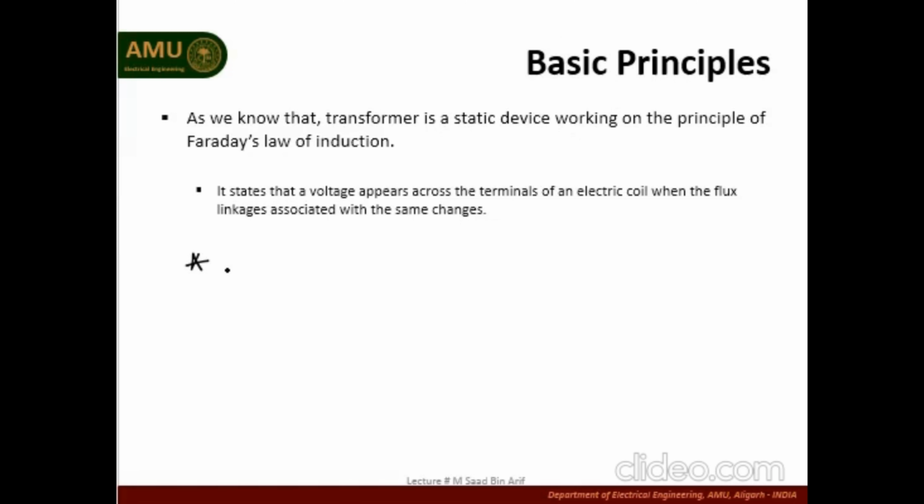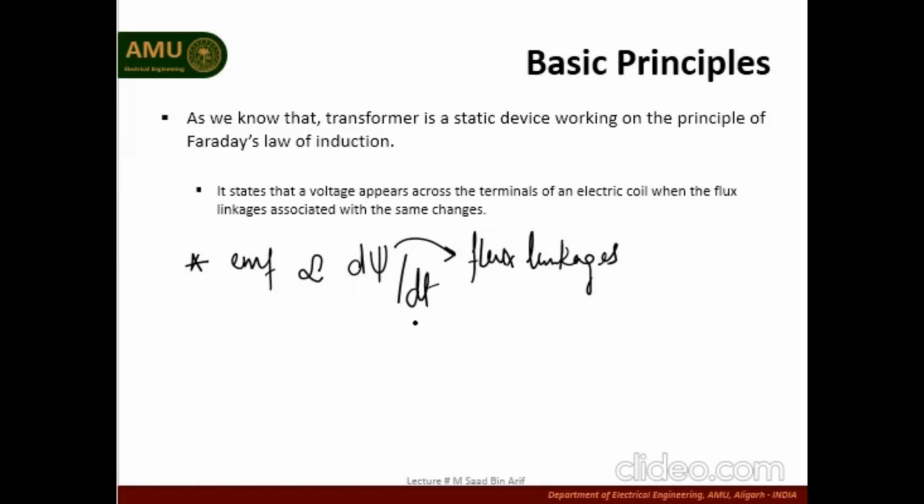So we know that the induced EMF is proportional to the rate of change of flux linkage. So this represents flux linkage, that is the flux associated with the coil, and d flux linkage by dt is basically representing the rate of change of flux. This is nothing but the induced EMF.